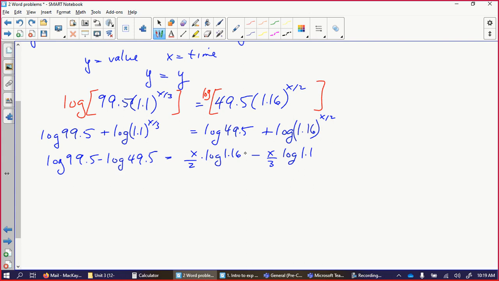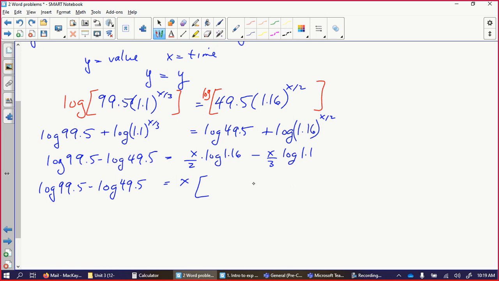X times log of 1.16 divided by 2. X times log of 1.1 divided by 3. This side has a common factor of x. This side stays the same. You can convert that to a number, but this is just a little bit more elegant, leaving things.